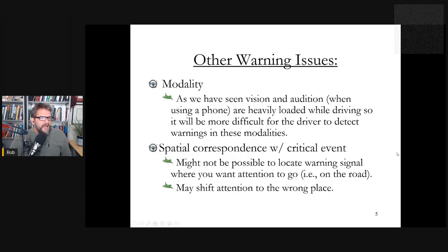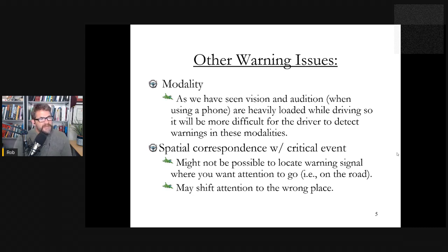Other human factors issues that come up with warnings include modality. When we talked about attention, we talked about multiple resource theory, the idea that you might have separate channels for your different modalities. We know that vision is very absorbed during driving. Driving is mostly a visual task. You need to look outside to steer and brake and so on.